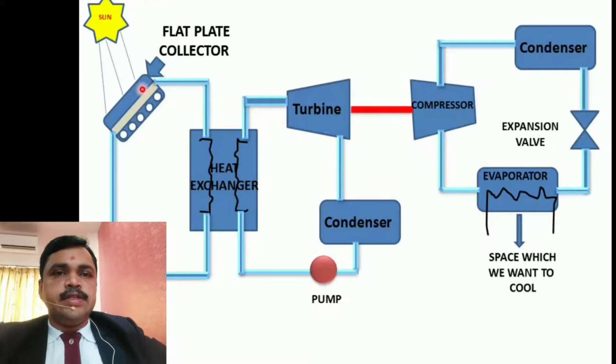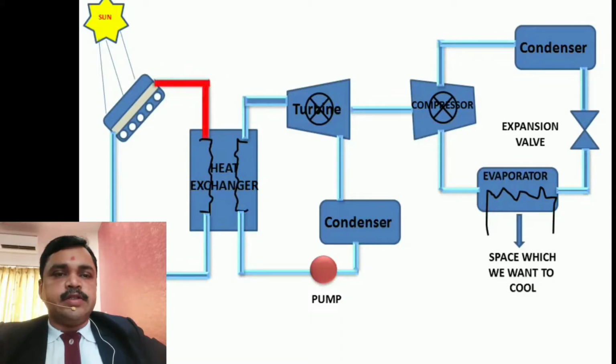When solar radiation takes place, the flat plate collector absorbs the radiation, then it heats the water. This heated water is passed through the heat exchanger. This is one cycle.